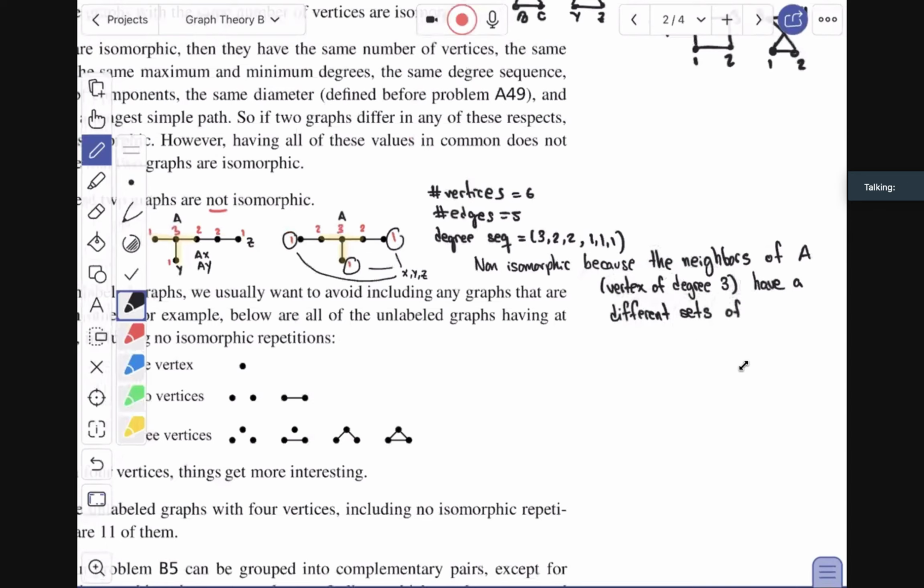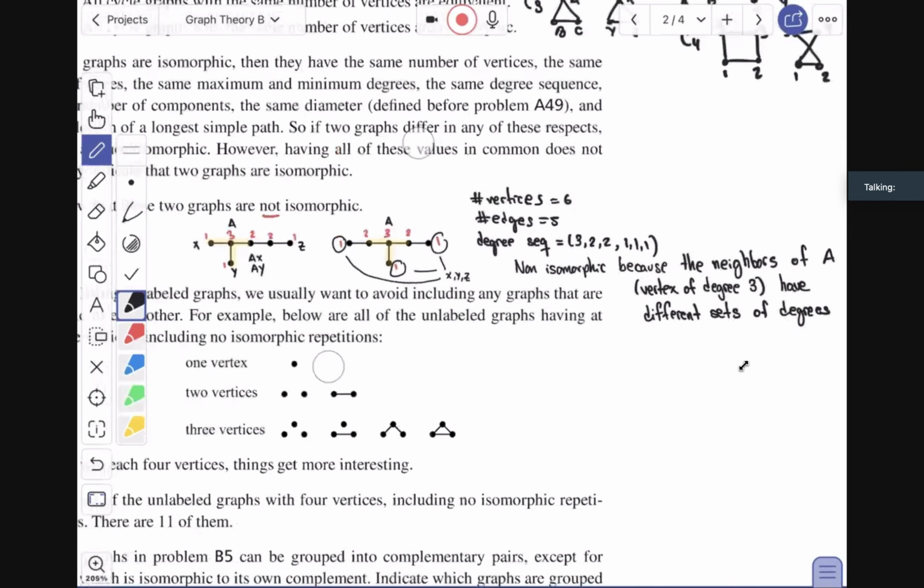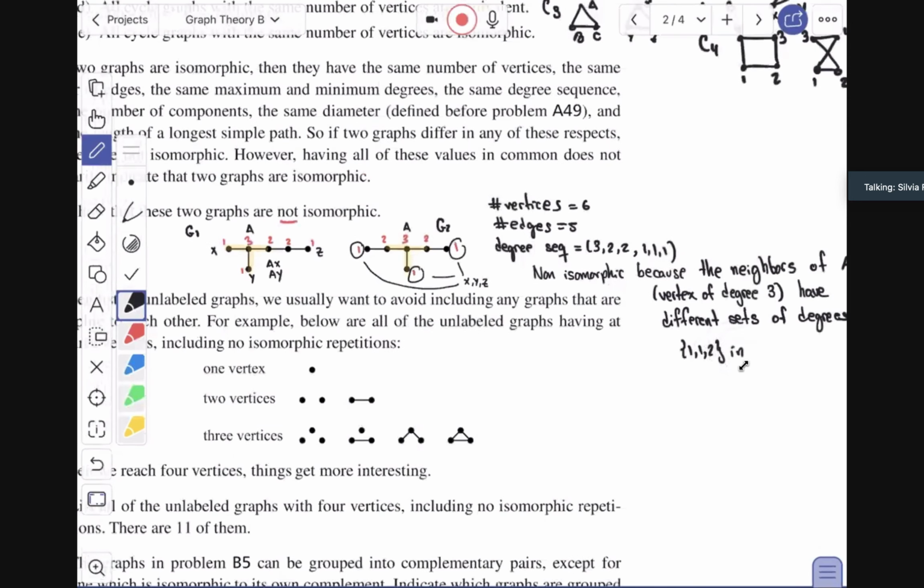Meaning, let's say this is G1 and this is G2. The sets of degrees are 1, 1, 2 in G1, and 1, 2, 2 in G2. Okay? So, in words, you could say something like that.